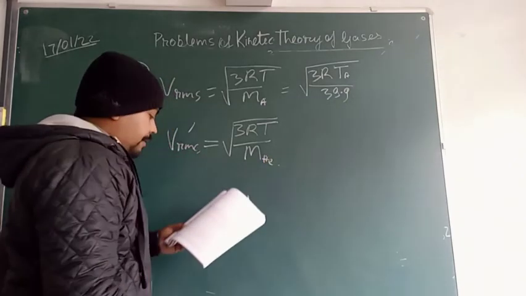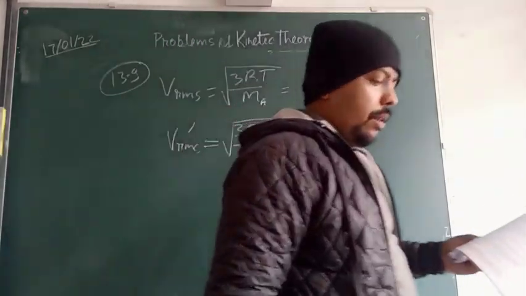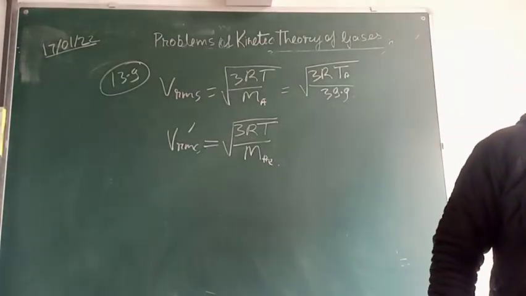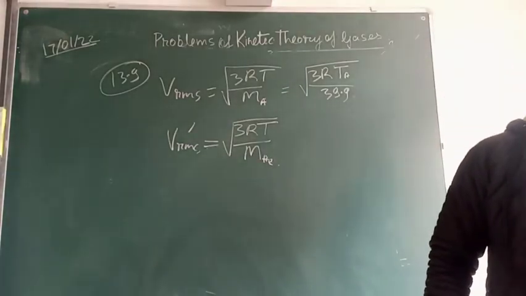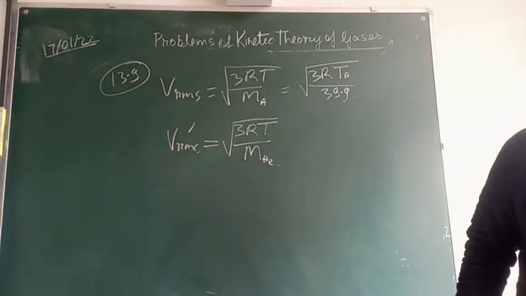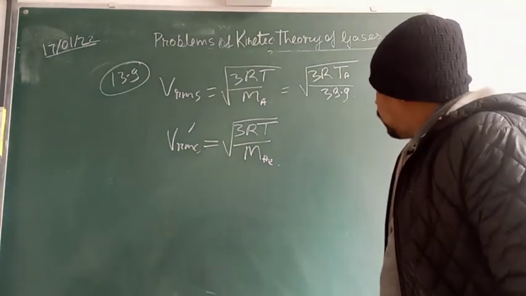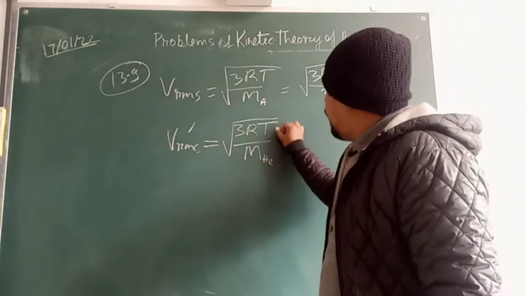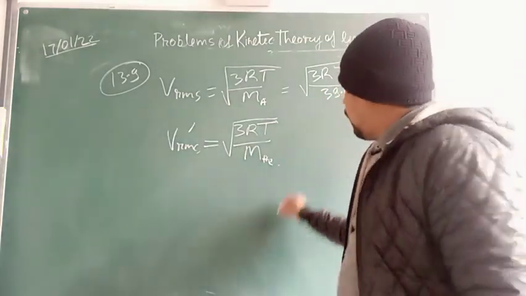And the temperature given is minus 20 degrees centigrade for helium. So we have to put this value in Kelvin because it is the absolute temperature.